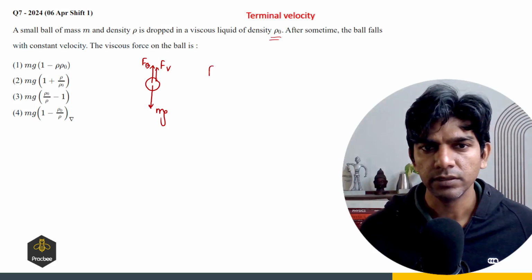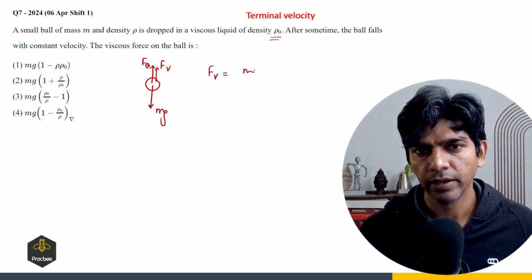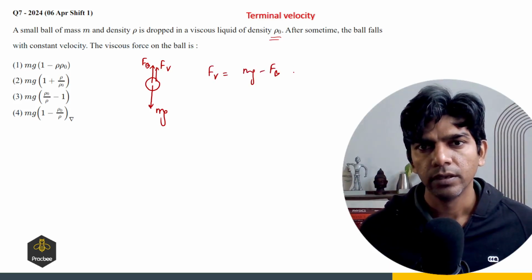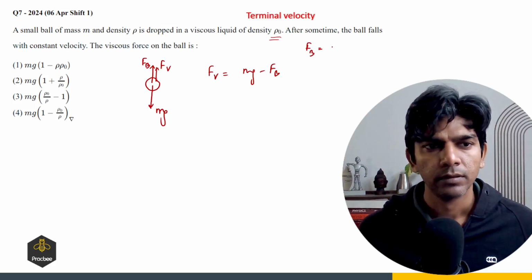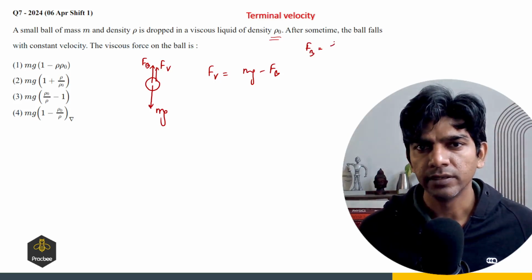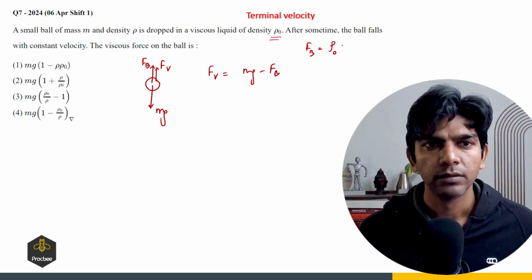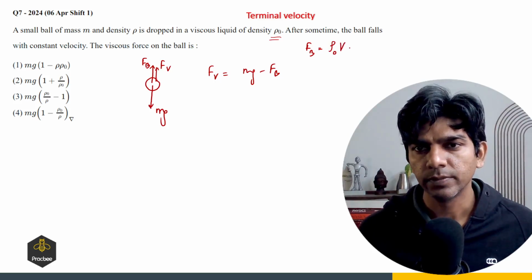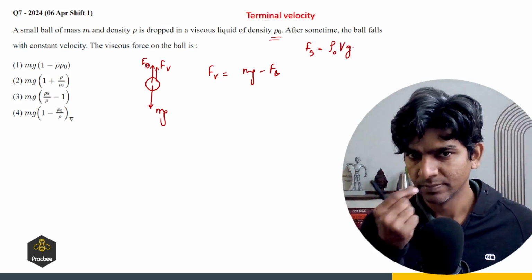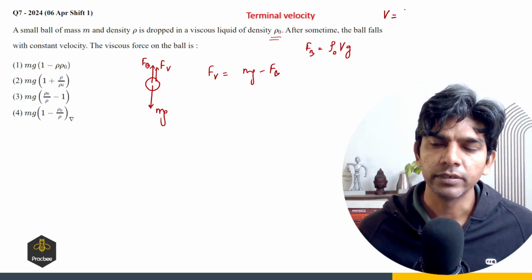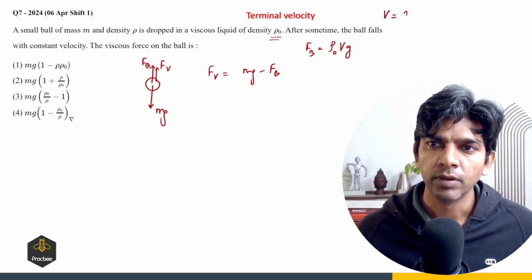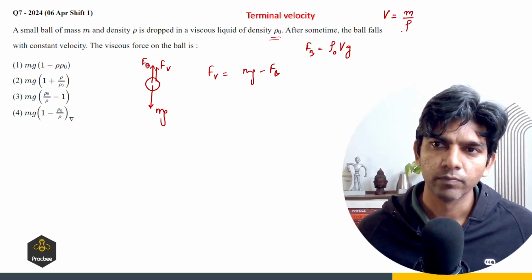So we can say viscous force will be mg minus Fb, and this buoyant force will be the density of the surrounding fluid times the volume displaced times g, and volume of the body can be written as mass upon density.